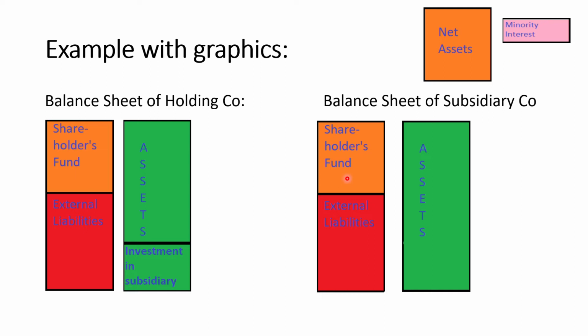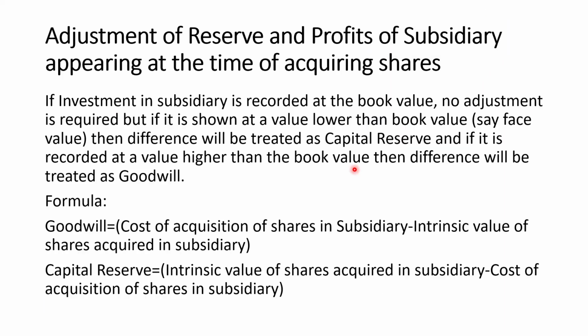So now we will have to compare the cost of investment, means the investment in subsidiary, with the portion of net assets of the subsidiary company. What does it mean? Suppose if the investment in subsidiary is recorded at the book value, no adjustment is required.